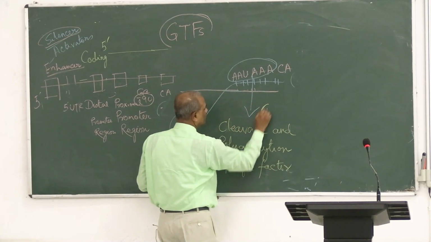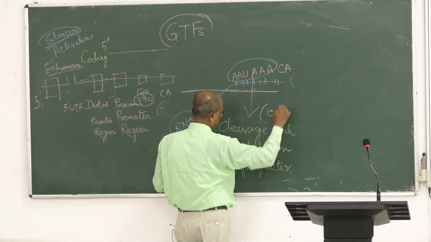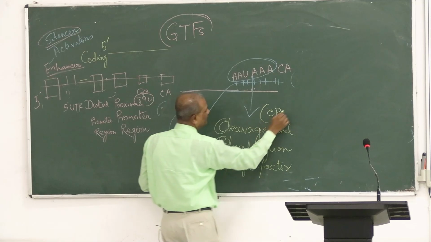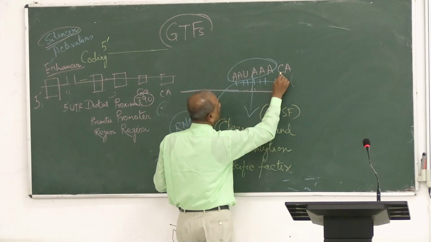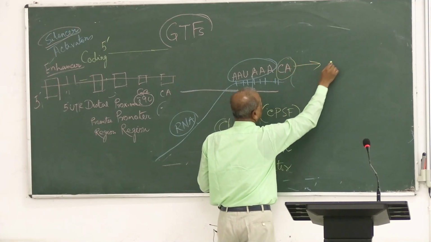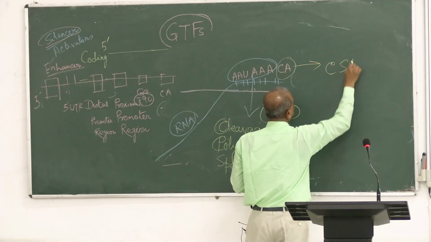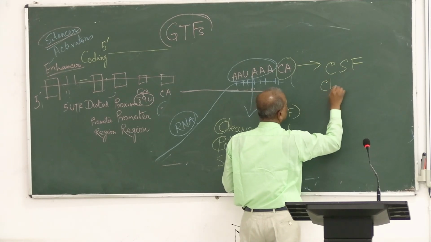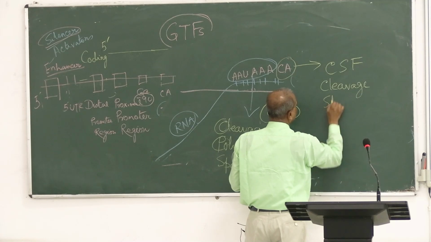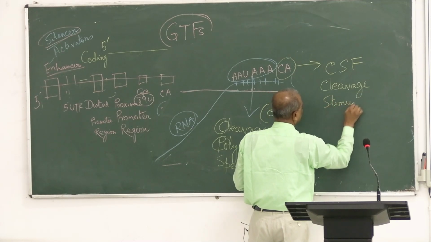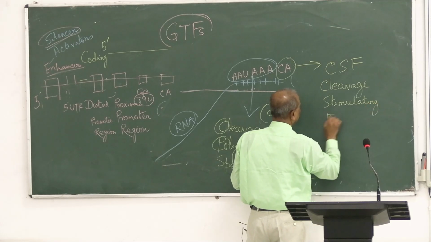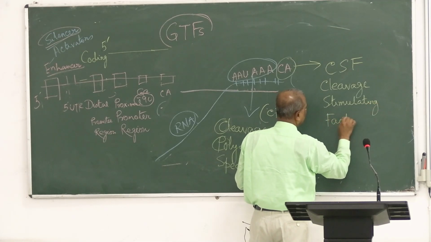This is commonly called CPSF, and this CA will invite CSF, that is cleavage stimulating factor.